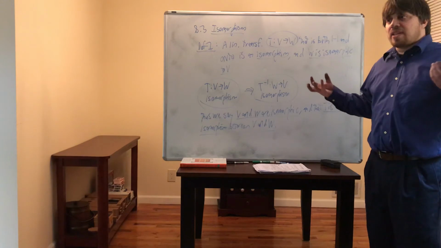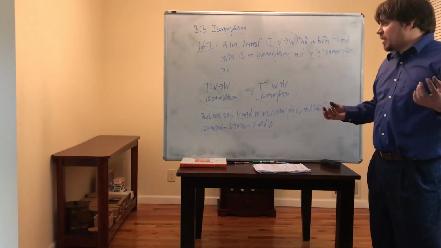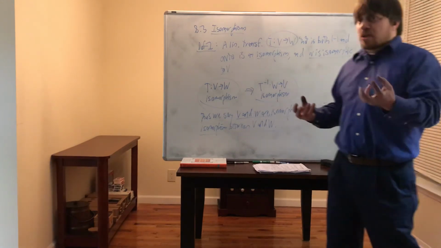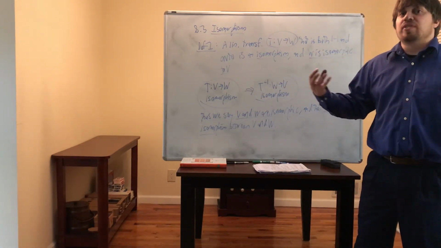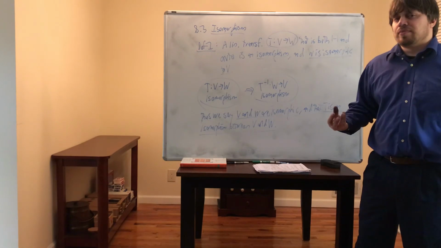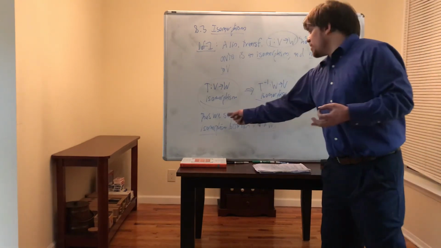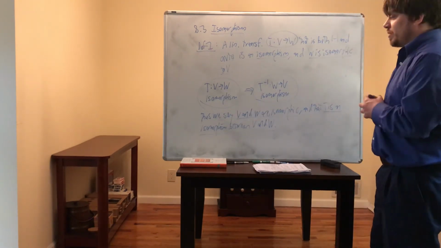So each space is isomorphic to the other, and we never have to say that one space is isomorphic to the other. We can just say that the two are isomorphic to each other.